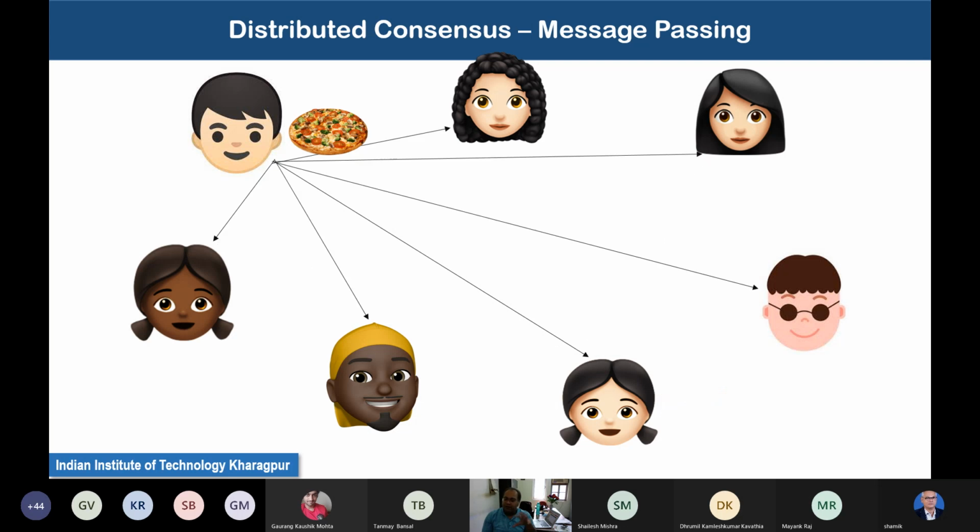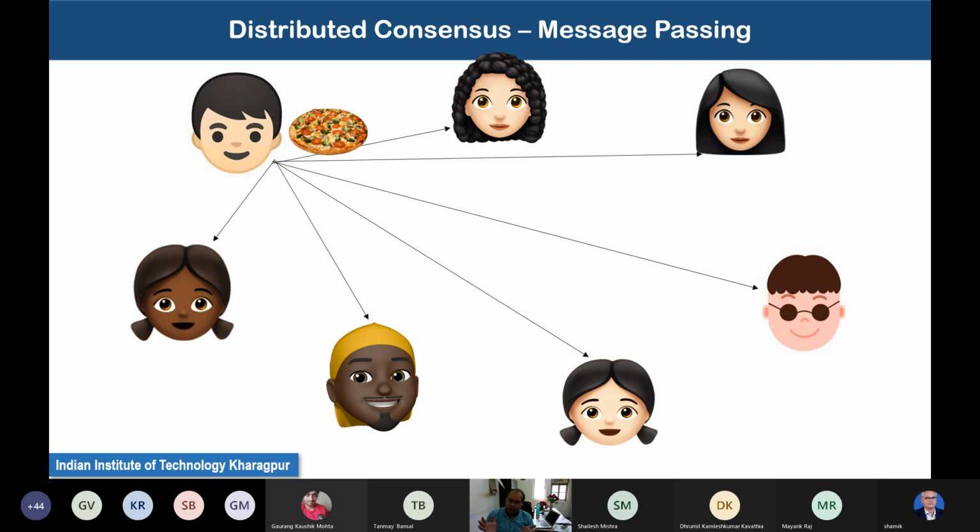Then the other person informs his choice to others, that, hey, I prefer pizza. That way, everyone collects the choices of others and tries to apply some local function. Say the local function here is a maximal function. So everyone individually finds out whether others are saying pizza or burger, and whichever is the maximum, we decide upon that. So the protocol can work in this way.